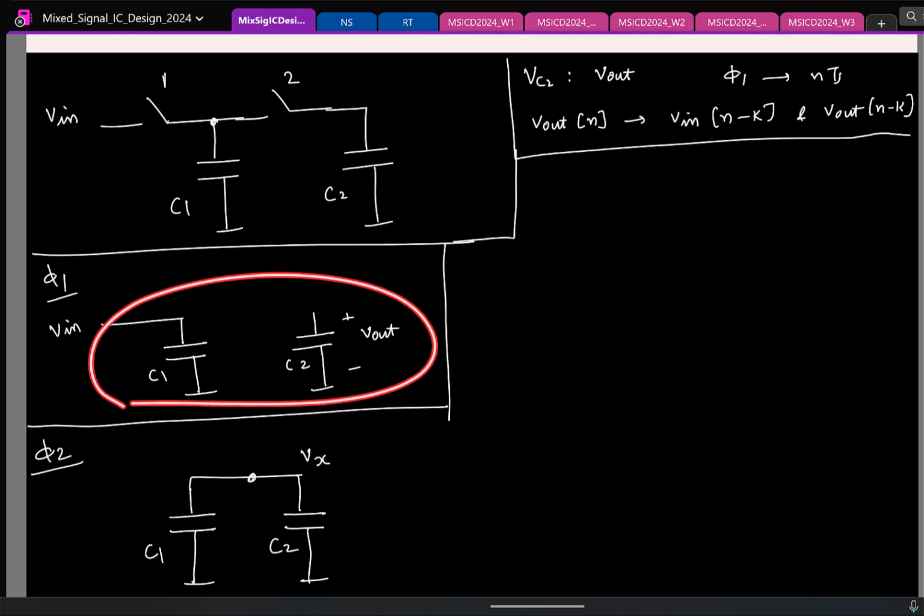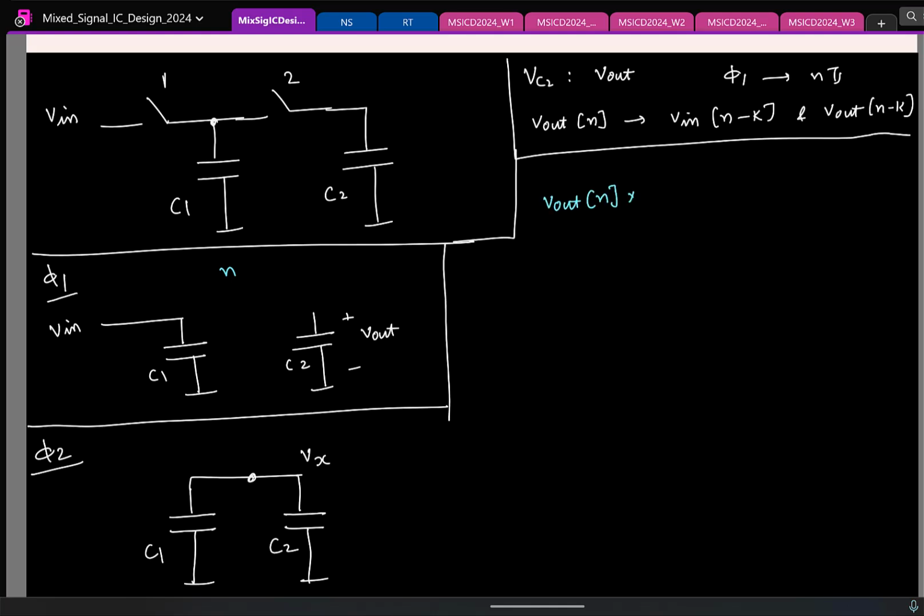Which node will you take? This is what you will take. And remember, I am interested to find V out of n. So I apply charge conservation. I have only one plate. I have V out of n times C2. So this charge should be equal to the charge on the same plate in the previous clock phase.